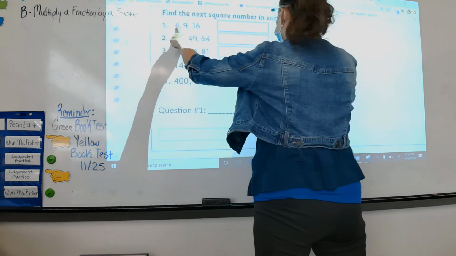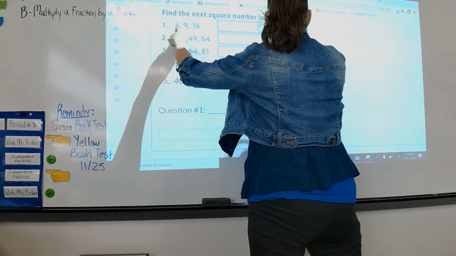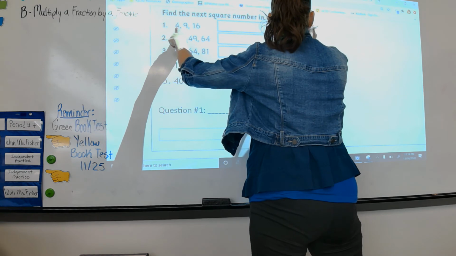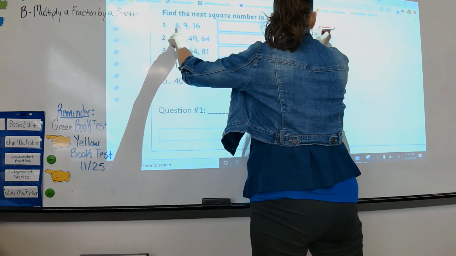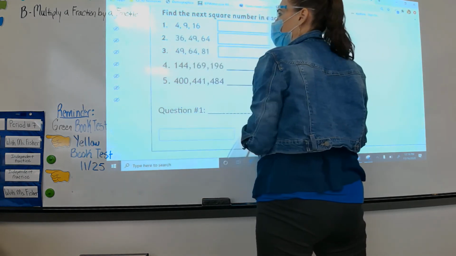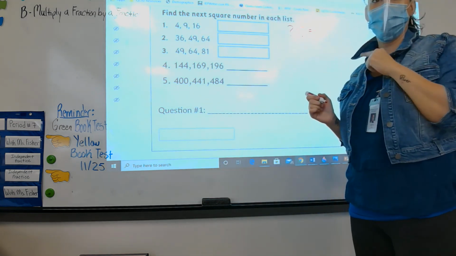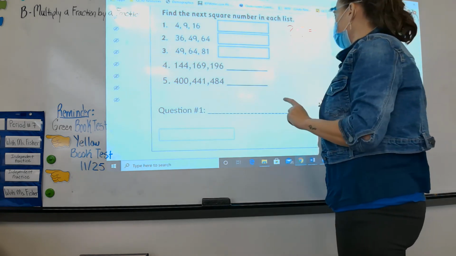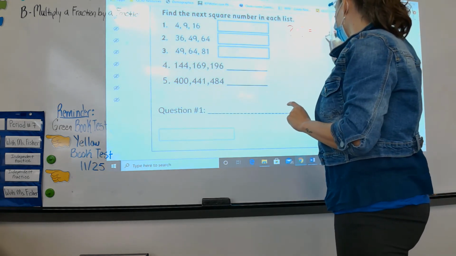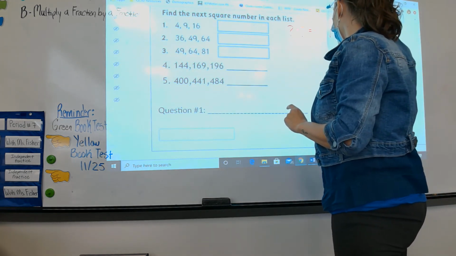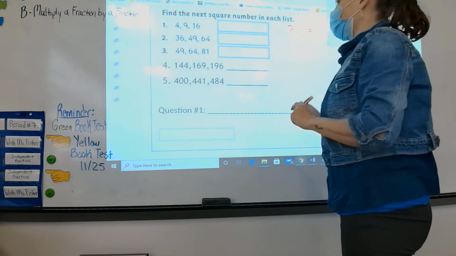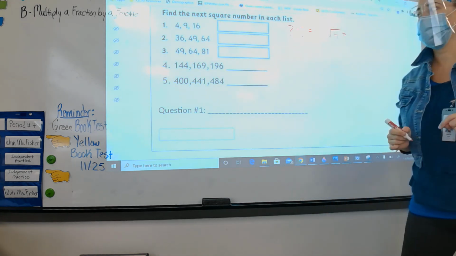What number times itself gave me 4? Remember how I taught you to figure that out. You simply take the square root of 4 and that will tell you the number.